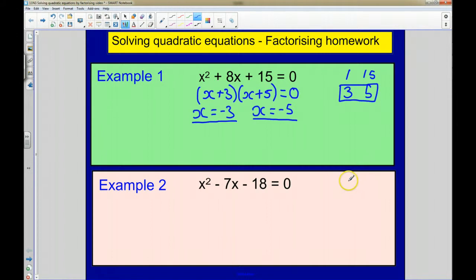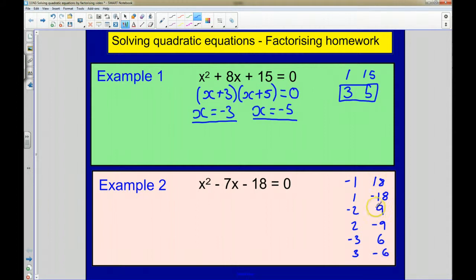So I could have minus 1 and 18, or I could have 1 and minus 18, or I could have minus 2 and 9, or I could have 2 and minus 9, or I could have minus 3 and 6, or 3 and minus 6.